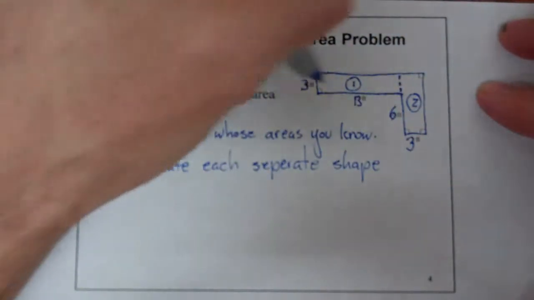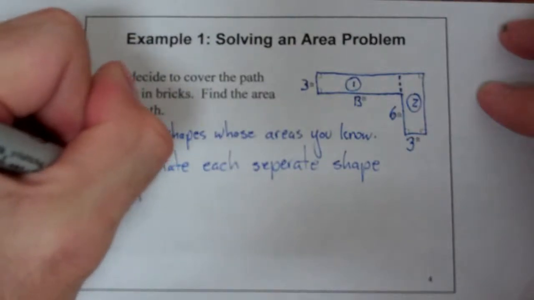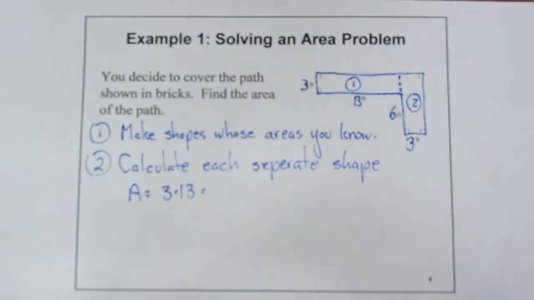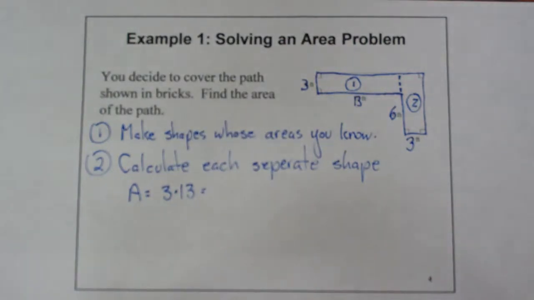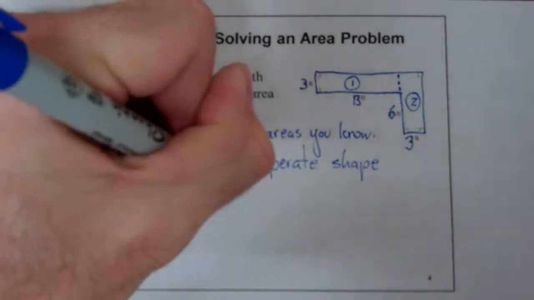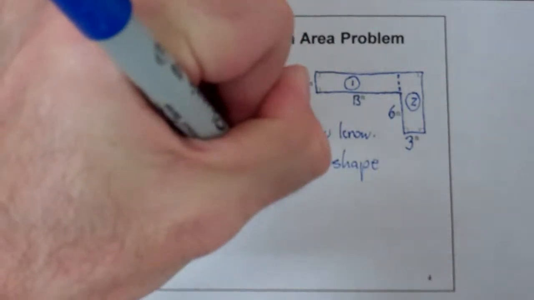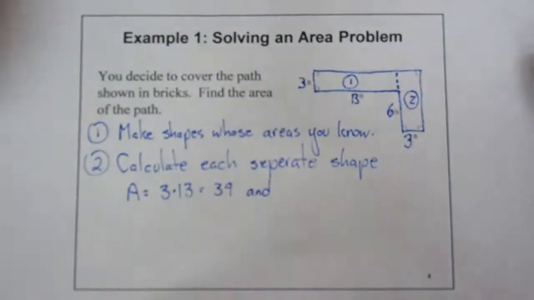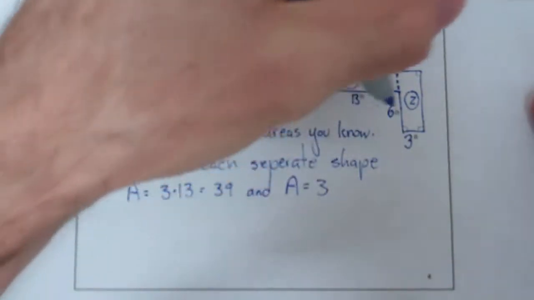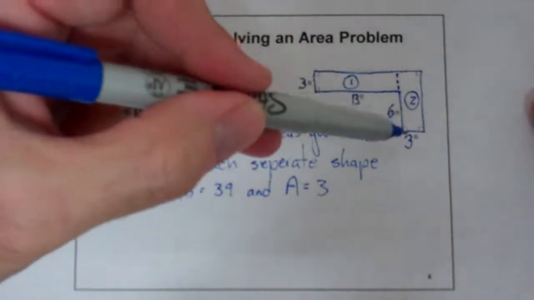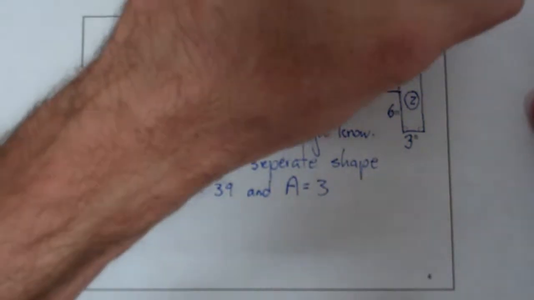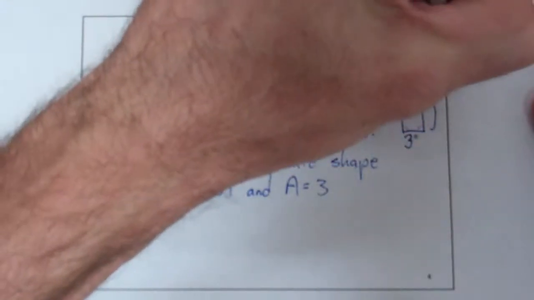So for the first rectangle here, the area of that is going to be 3 times 13. And I'm going to pull out my calculator, and hopefully it doesn't take too long. It's 39. Okay. And for the second rectangle, well, the base is still going to be 3. The area here, the base is 3, but the height is 6 plus this little part right here, and that little part right there is 3. So this whole height right here is going to be 9.